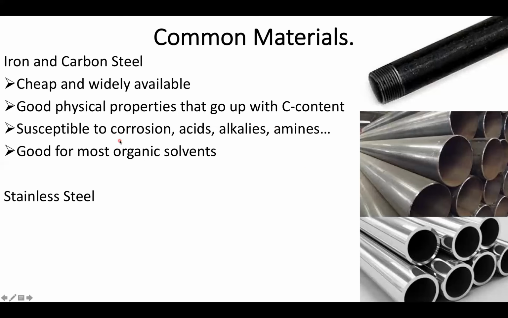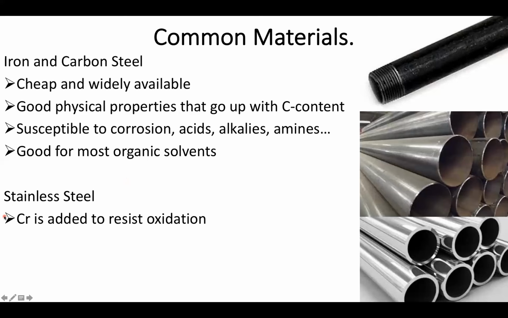However, as it turns out that I often like to use acids and bases, one of the options I can do is to go from carbon steel to stainless steel. Depending on what your danger is, you can go with different types of stainless steel, and watch out, there are many different types.